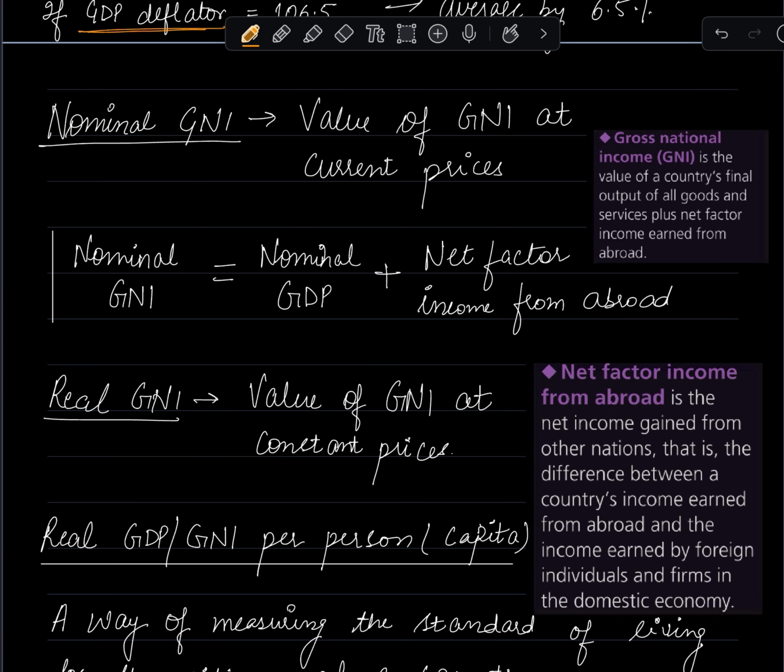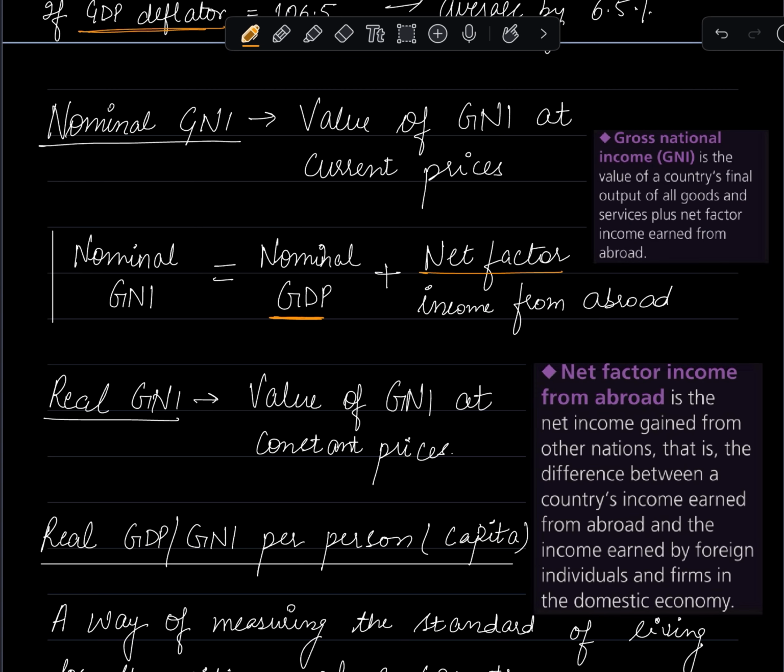It does not take into account the domestic territory, but the output that is produced by the nationals of that country. So anything which is produced by the foreign nationals in the domestic territory will be deducted, and anything that is produced by nationals of the country even out of the domestic territory of the country will be added.